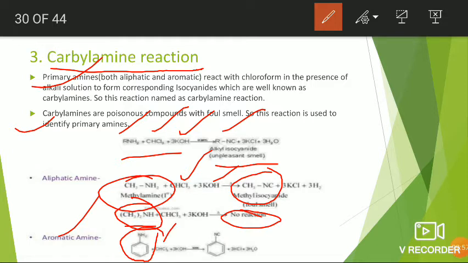It undergoes reaction with chloroform in the presence of base to form phenyl isocyanide, C6H5NC. So the carbylamine reaction is nothing but the conversion of aliphatic as well as aromatic primary amines into their corresponding isocyanides on treatment with chloroform in the presence of alkali solution. The condition is that only primary amines undergo this reaction.